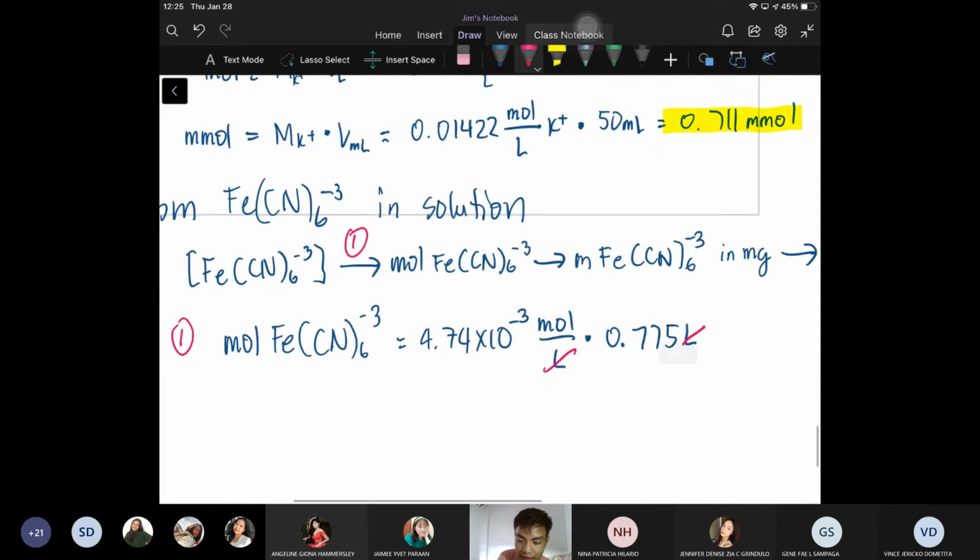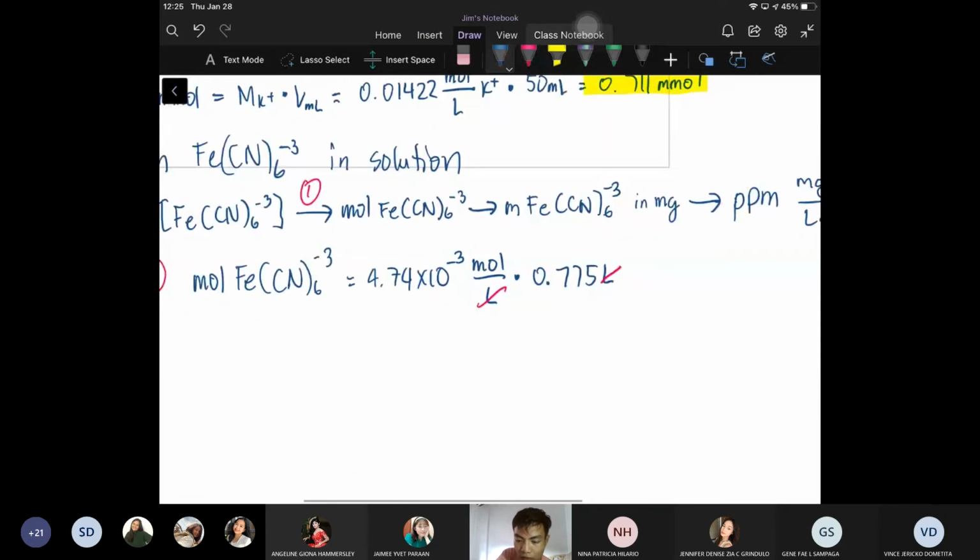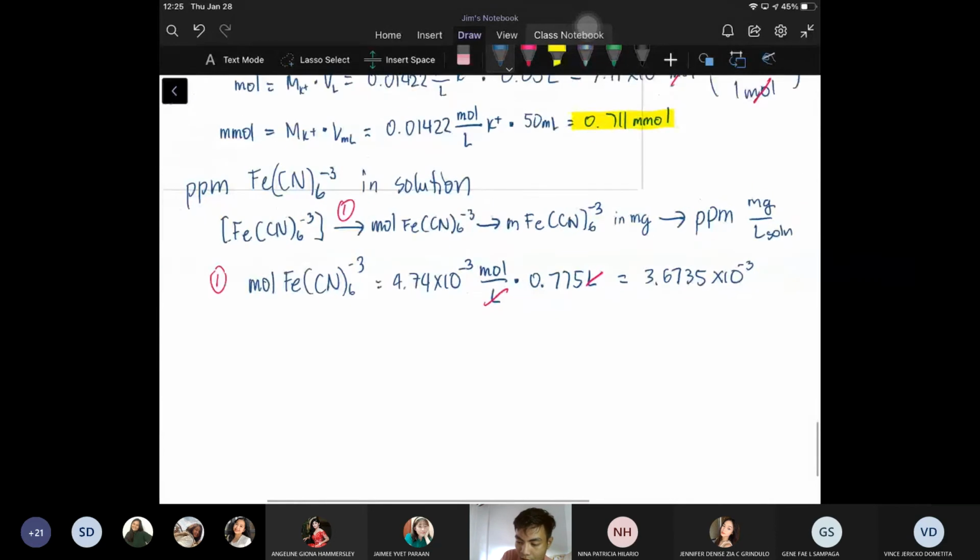Okay, so magka-cancel yan dalawa. Makukuha natin yung mole ng FeCN6 na 3.6735 times 10 raised to -3. Kopyahin na natin lahat ng digits. Mole ng FeCN6. So, yan. So, nakuha na natin yung mole ng FeCN6, no?